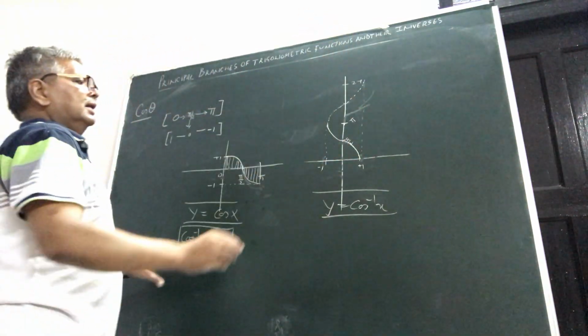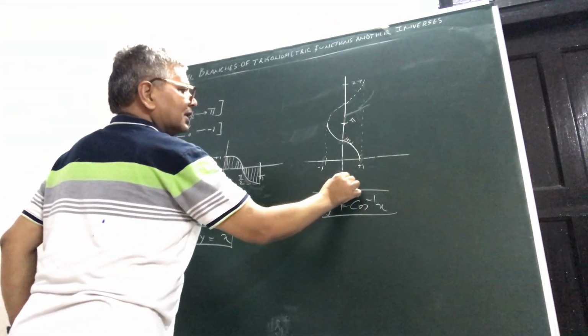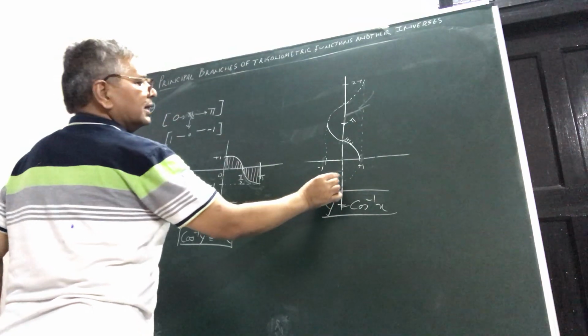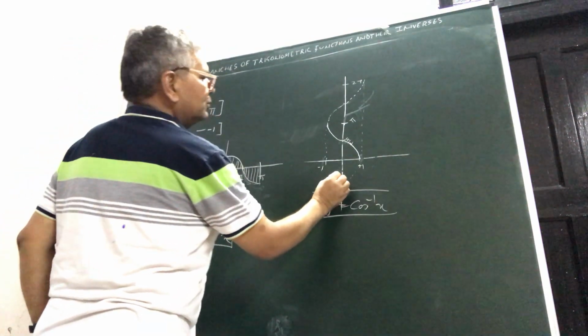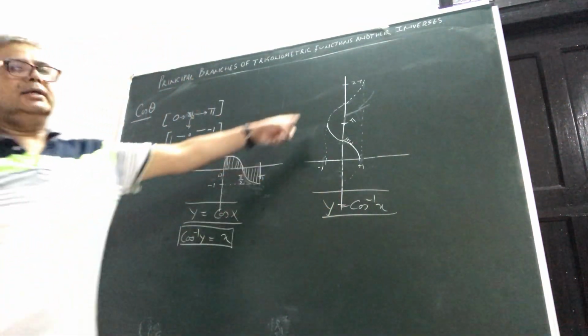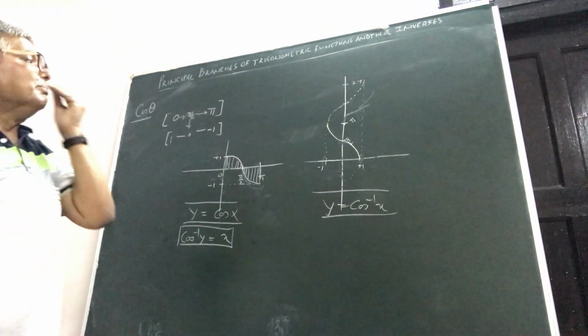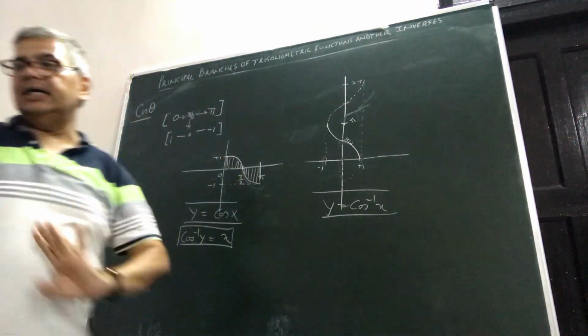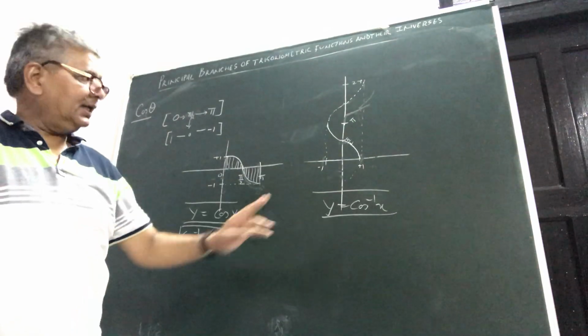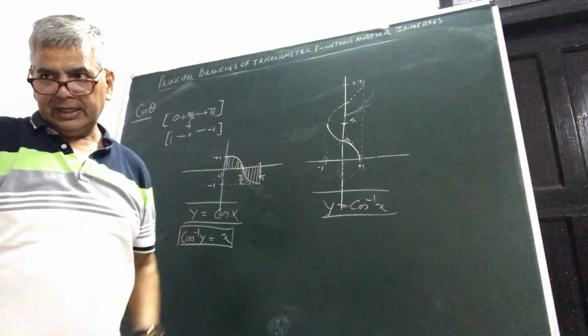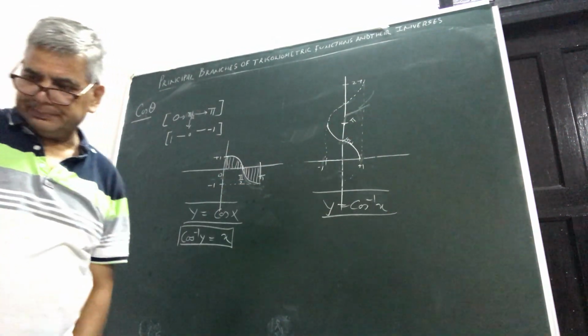Right. Like this. This way again, dotted, it will be minus pi by 2, then minus, and you can just complete the rest. But more important is the curve of cos inverse x in the principal branch, that is the closed interval minus 1 to plus 1.